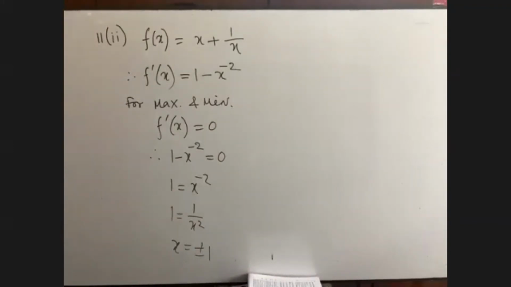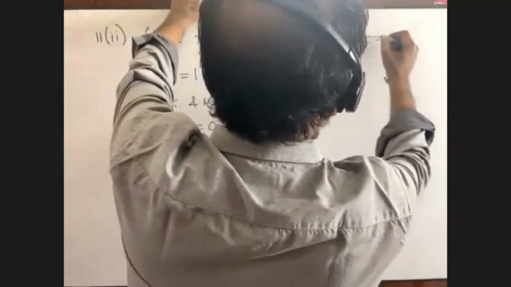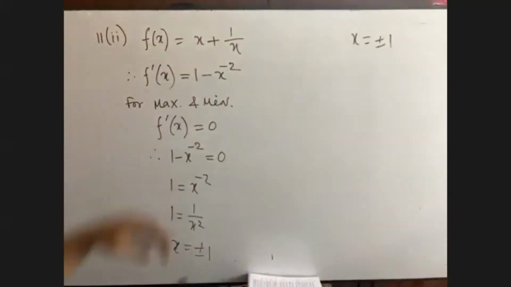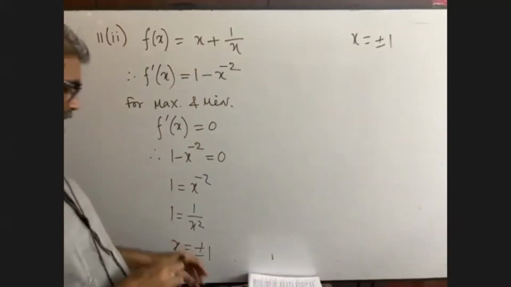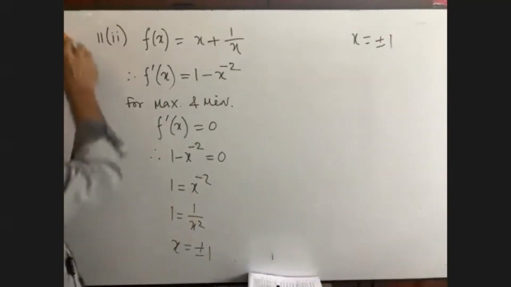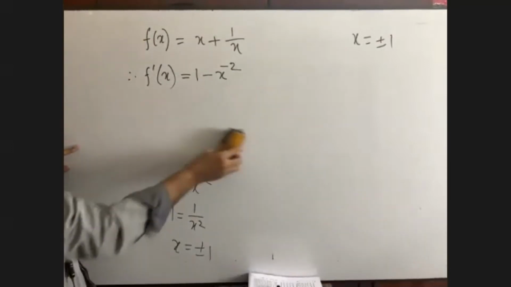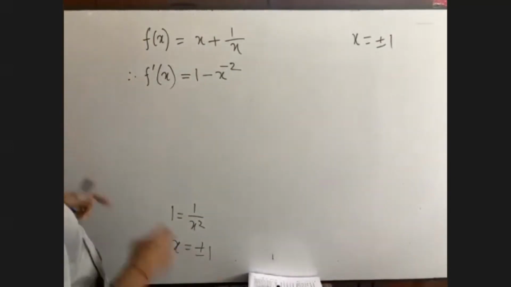Okay. So we are going to write down here. We have got x equals to plus minus 1. Write down. I think you have copied it, right? It is very easy and simple, but it is the most important math.